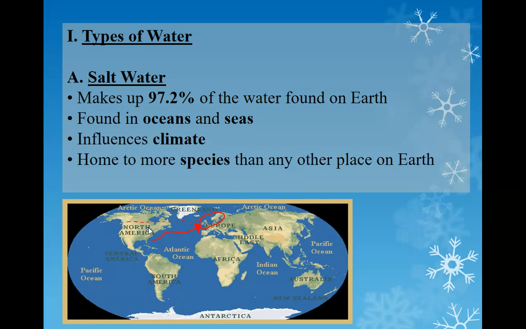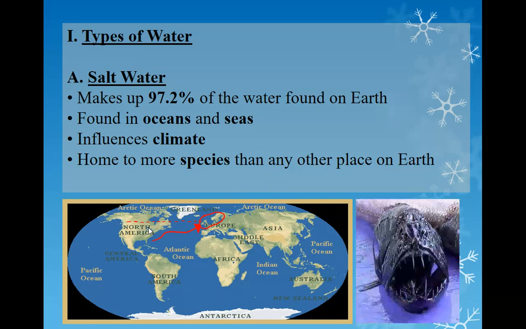Salt water is home to more species than any other place on Earth. I typically show this video to my grade 7 students. There's a series from the BBC called the Planet Earth series, and they have an episode that focuses on the deep ocean.